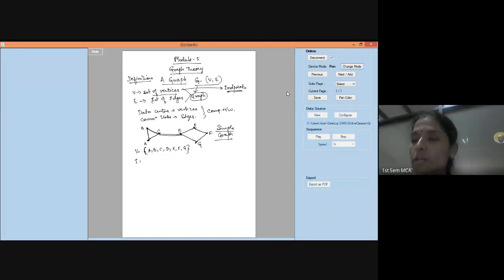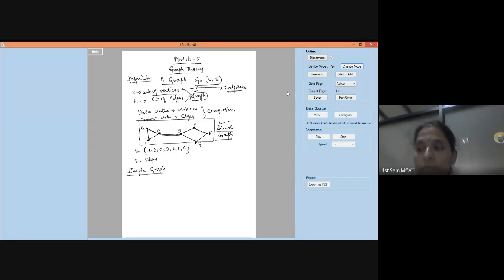Now let us look into a few more types of graphs and a few more terminologies. First I will take up what is called a simple graph. What you are seeing above is a very good example of a simple graph.